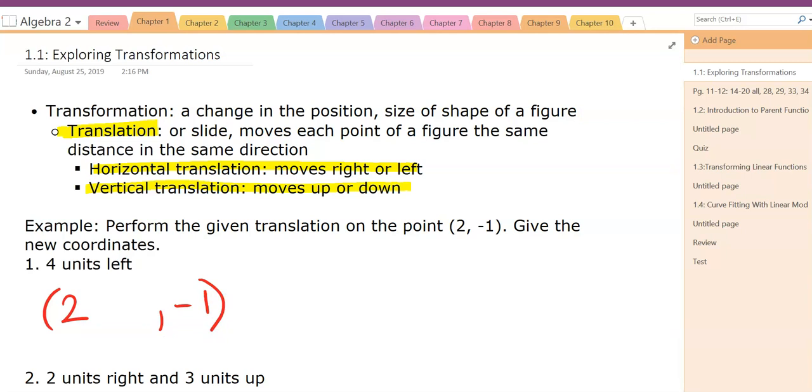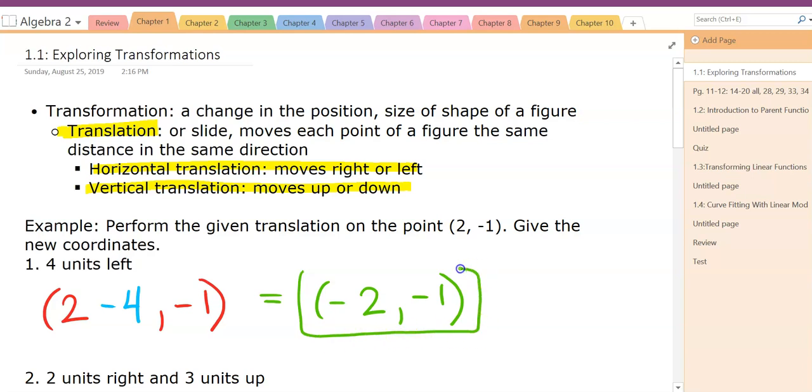Now the 2, that x, because I'm moving it to the left, going to the left on my graph would be going more negative, because you start at (0, 0), and if you go to the left, you're going to the negative numbers. So I'm not going to add 4, I'm going to subtract 4 from 2. That's going to move it to the left and shift that graph. So 2 minus 4 is -2, and then you have -1. This would be the new coordinate.